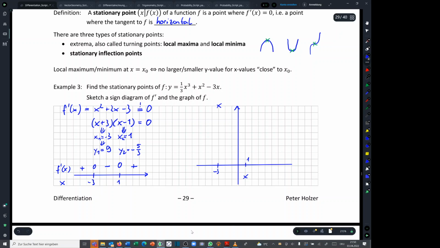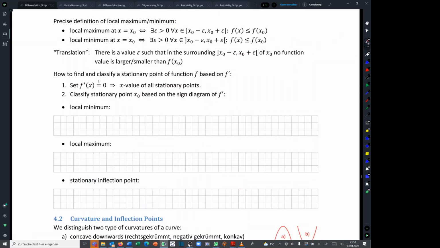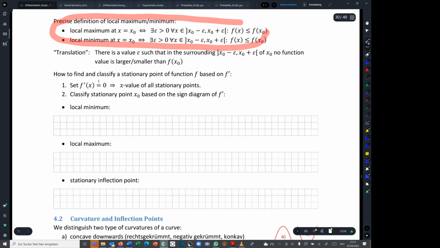And now what we said is the graph is increasing here. So it looks something like this. Then it is decreasing down to here and increasing again. So that's the way we get our sketch. That's it.